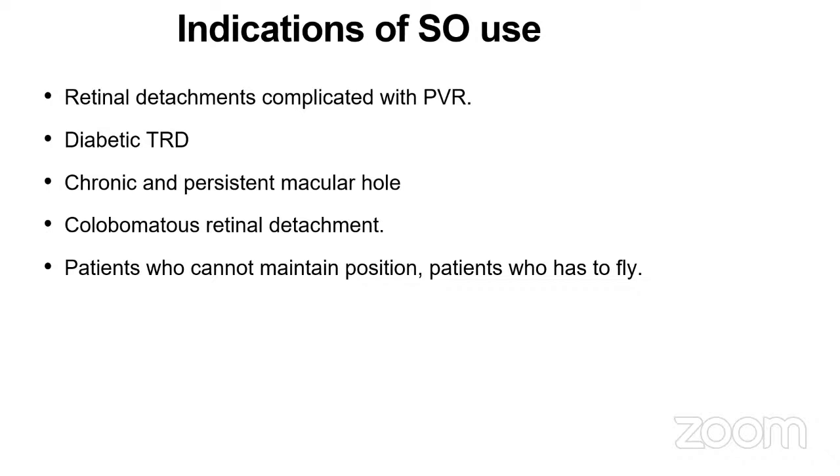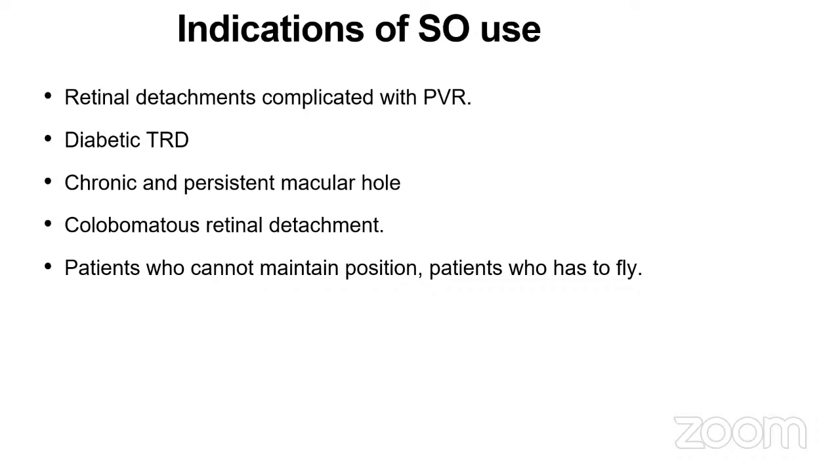And in chronic and persistent macular hole, generally the fresh macular hole, which is smaller, is managed with 20% SF6 gas. But in cases of chronic and persistent macular hole, silicone oil can be preferred. And in cases of colobomatous retinal detachment, and in patients who cannot maintain position, patients who have to fly.